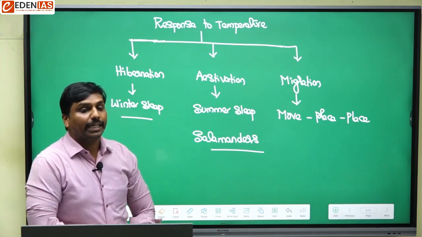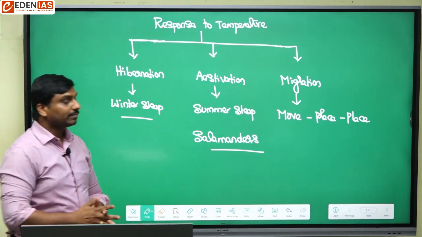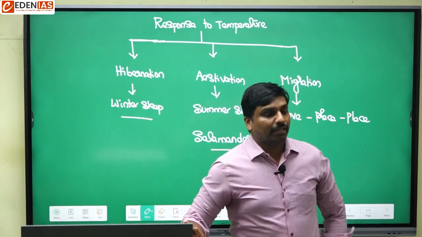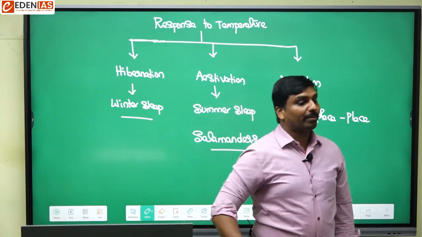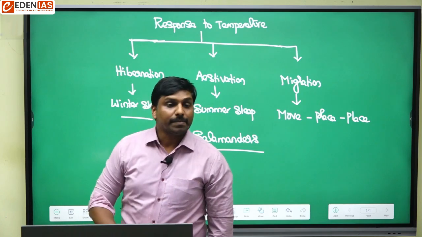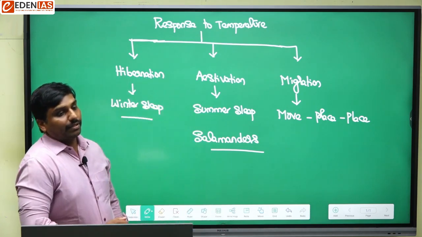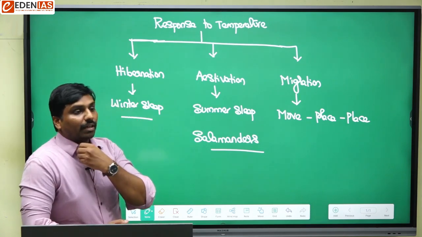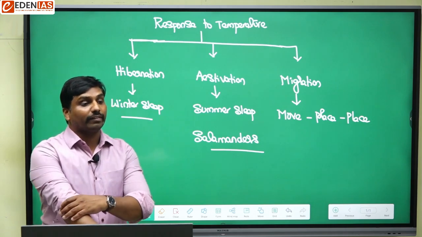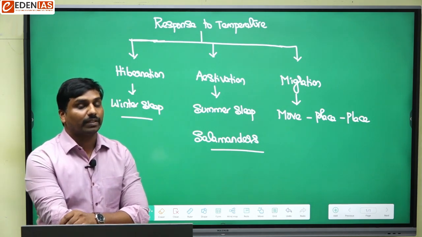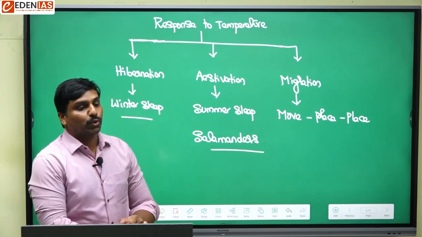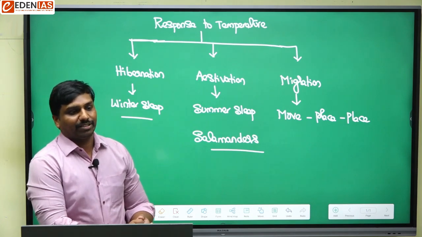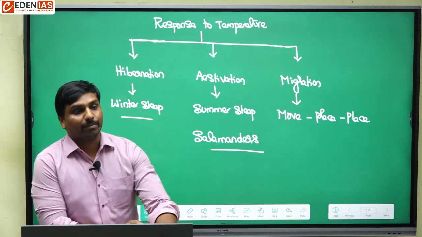In order to avoid extreme environmental conditions, animals or birds will move from unfavorable environments to favorable environments.